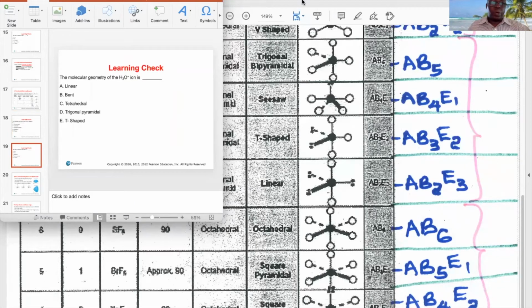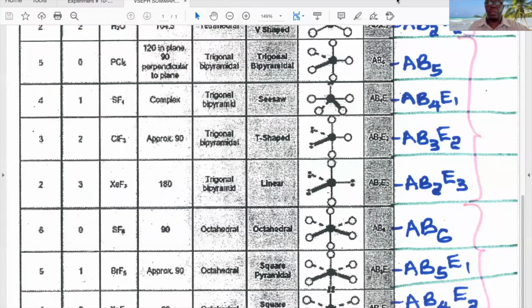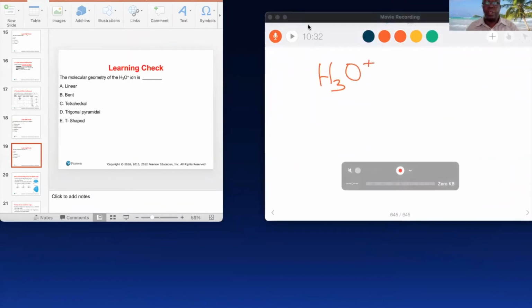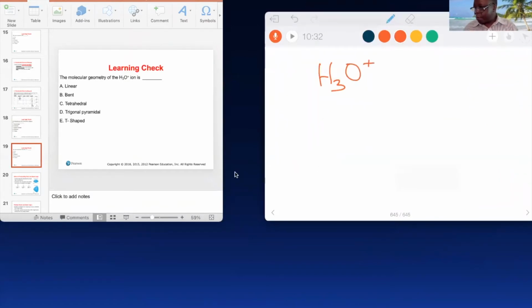For ions with an overall charge of positive, we do what? We subtract. So this is a hydronium ion. Minimize this so that you see my whiteboard. For hydronium ion, H3O positive, the total number of valence electrons: 3 hydrogens, this is 3 times 1 is 3.